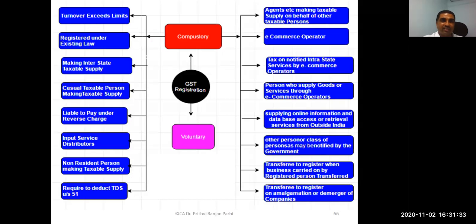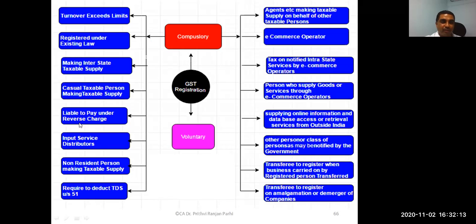So if you look at this chart, it broadly explains the registration things. You see two kinds of registration we talked about: one is compulsory registration, then voluntary registration. Compulsory registration is required when the turnover exceeds the limit. If a person is already registered under some other existing law, then also the new owner has to get himself registered. Persons making inter-state taxable supplies, but there are exemption limits of 20 lakh or 10 lakh. Casual taxable persons making taxable supplies.